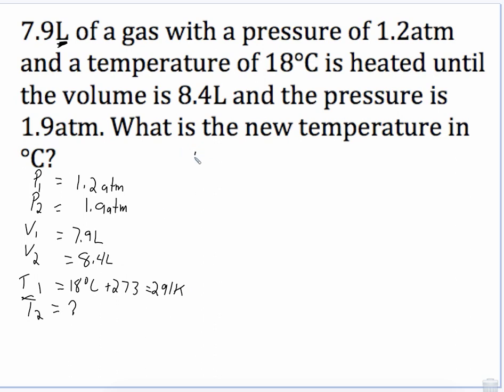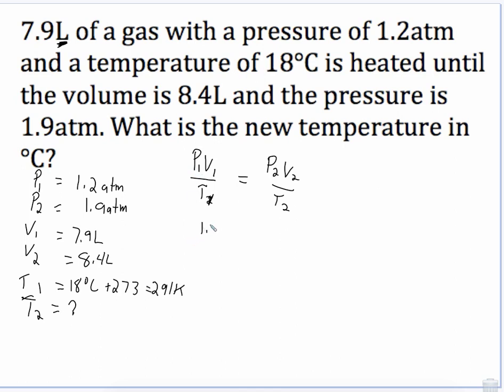Now watch what I'm going to do here. After you list the givens, I find it helpful to write the equation, because some people mix up where things go. So you go P1 V1 over T1 equals P2 V2 over T2. So write the equation.